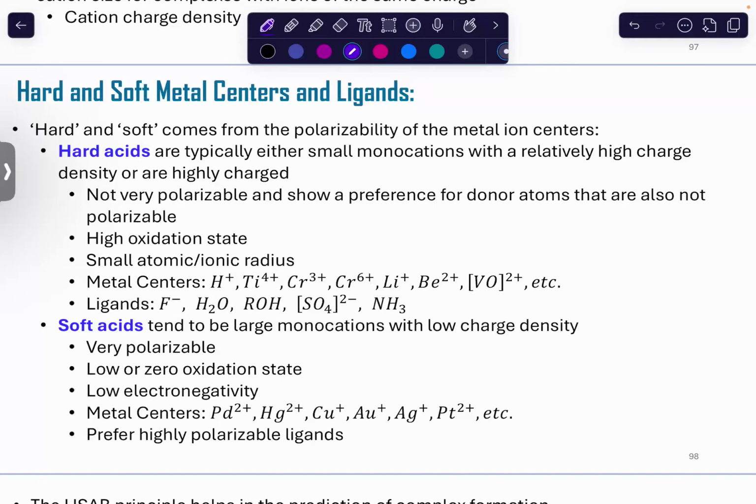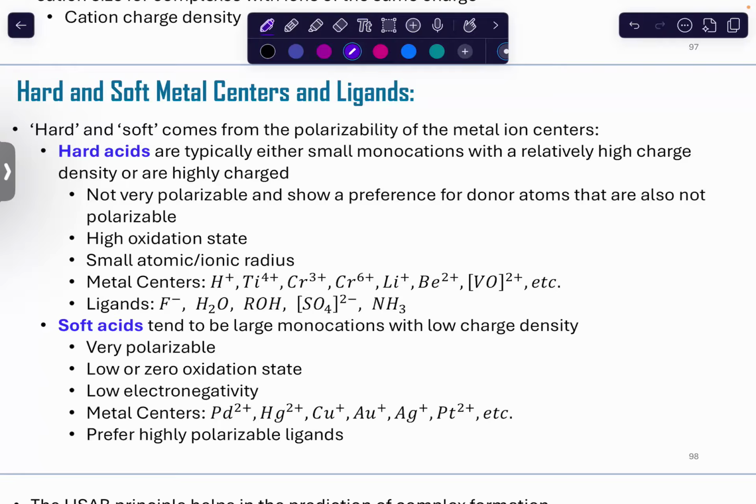They're not very polarizable. That's the big difference. They have high oxidation states and small ionic radii. So here are some examples of metal centers, and then the ligands that correspond to those hard metal centers.